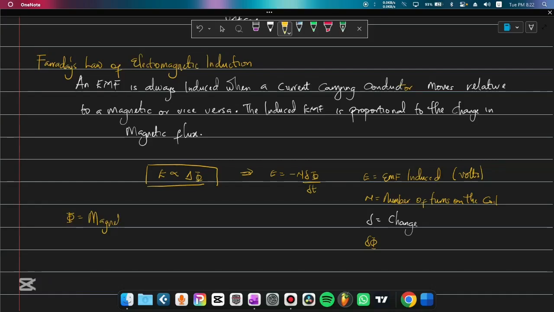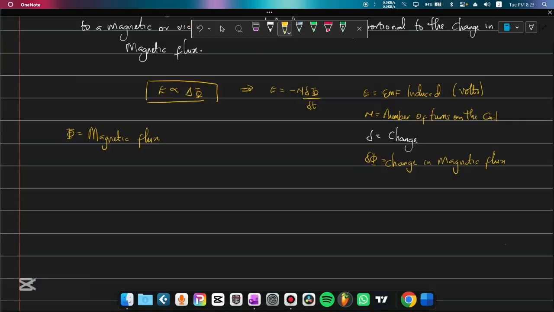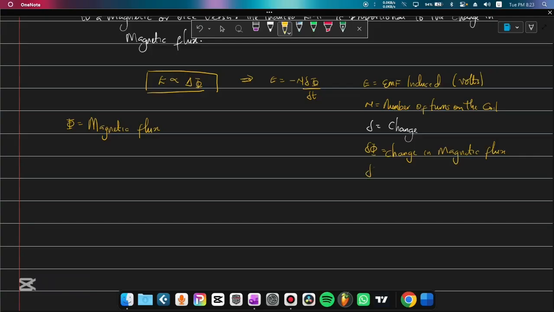I'll explain what magnetic flux is in a minute. But the delta means change, because this small letter delta means change. Therefore, ΔΦ means change in magnetic flux. And the Δt means change in time.